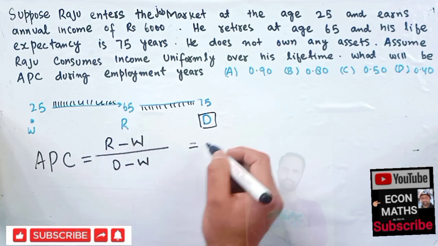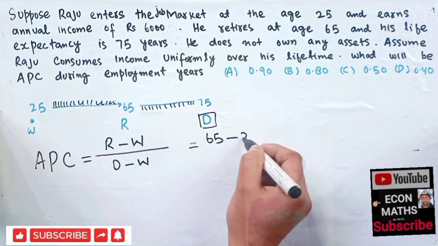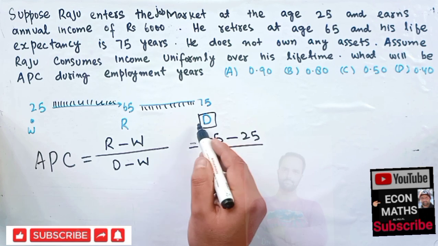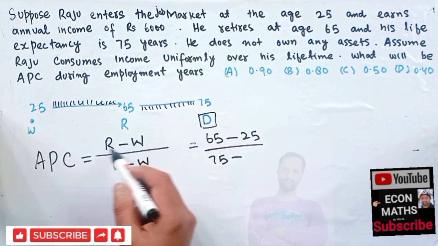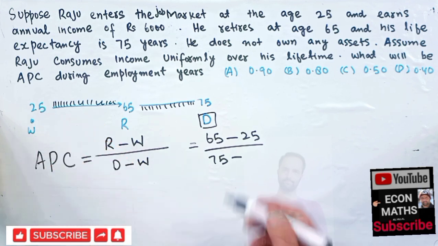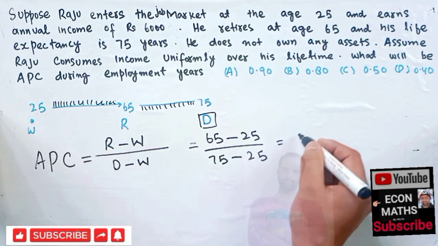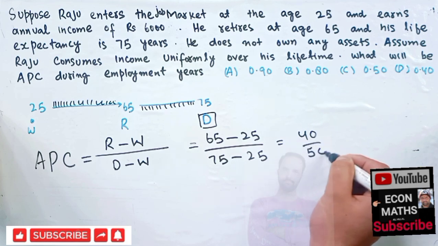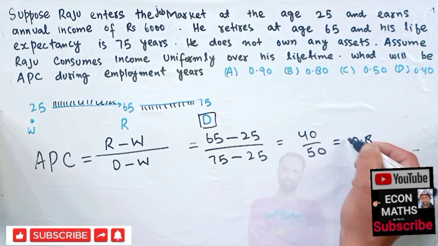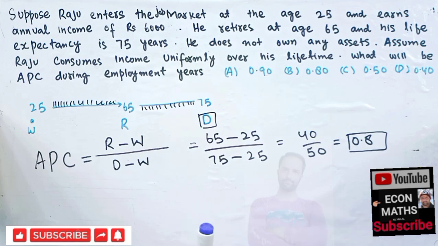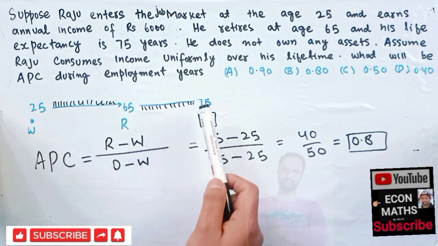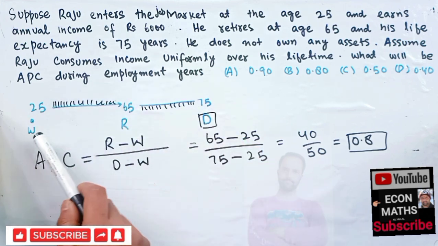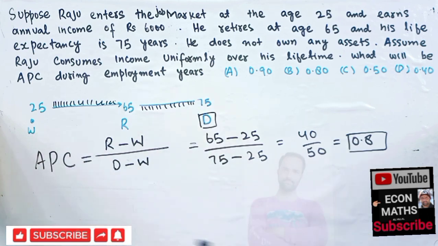So what is our R? R is 65 minus 25 upon D is 75 minus we have W 25. Okay, so this comes out to be 40 upon 50, which means 0.8 will be the average propensity to save. Simple thing, we just write the working period, and to this we divide the whole period, that means from working to death, to get the average propensity to save.